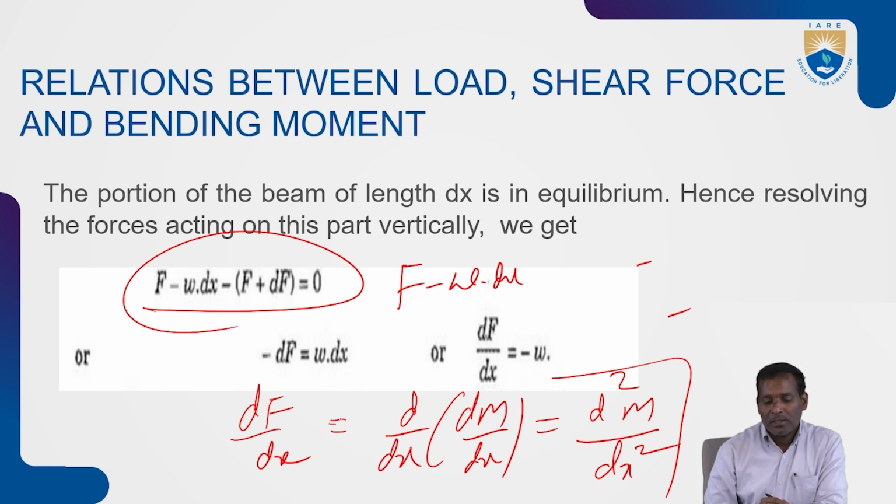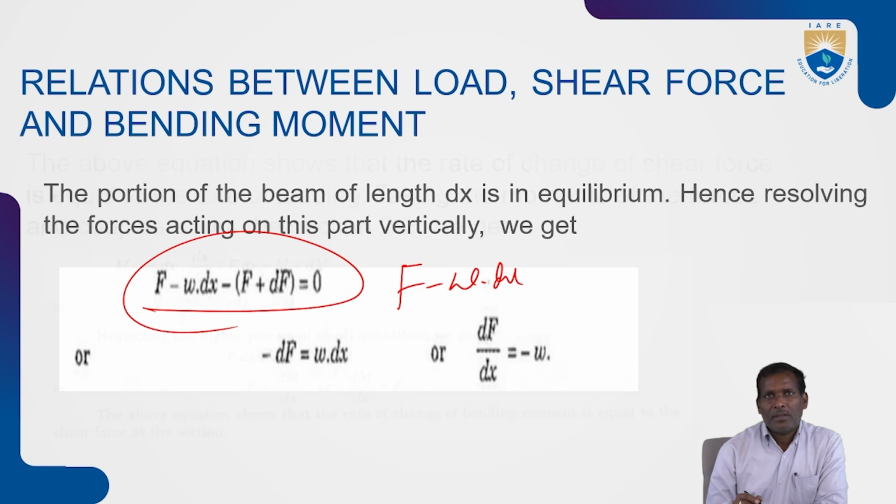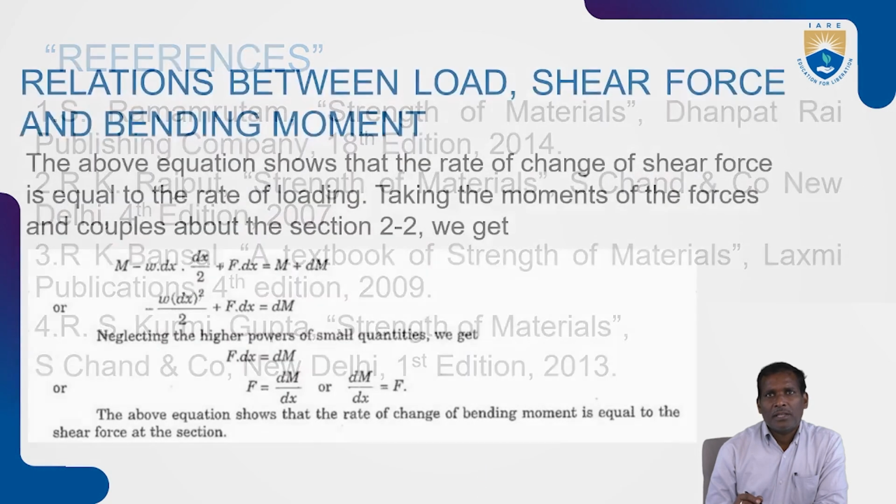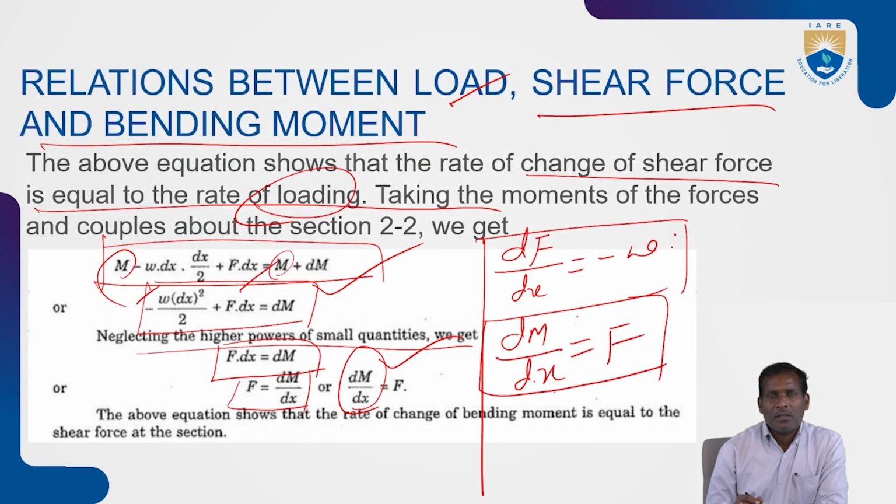You can say it in another way, right? Similarly, in terms of bending moment, d square M by dx square is equal to minus W.